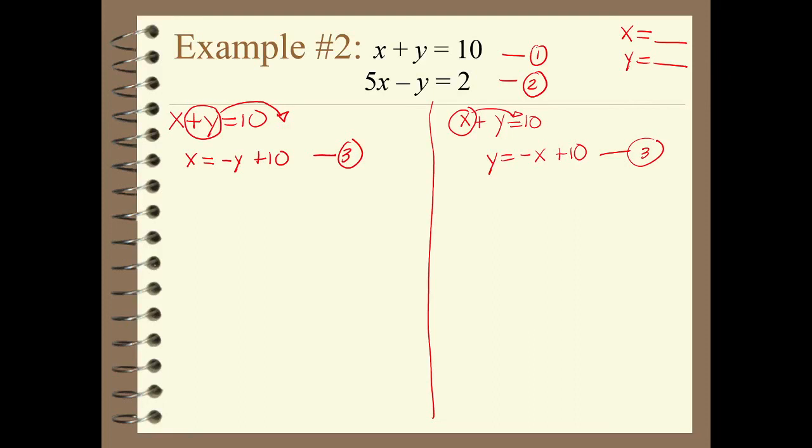Okay, let's continue. So, on the left side, what's equation number 2? Let's write that down. I'm gonna be writing equation number 2 now. 5x minus y, that's equal to 2. That is equation number 2. Now, what is the value of x in equation number 3?